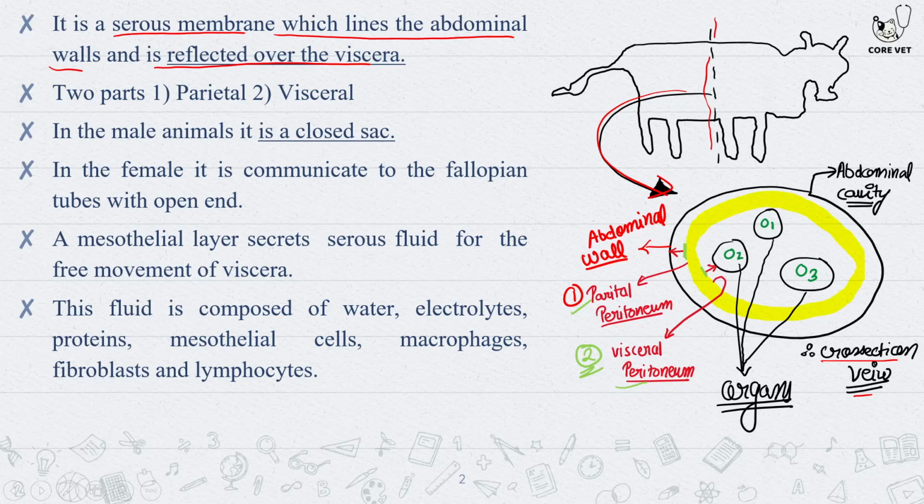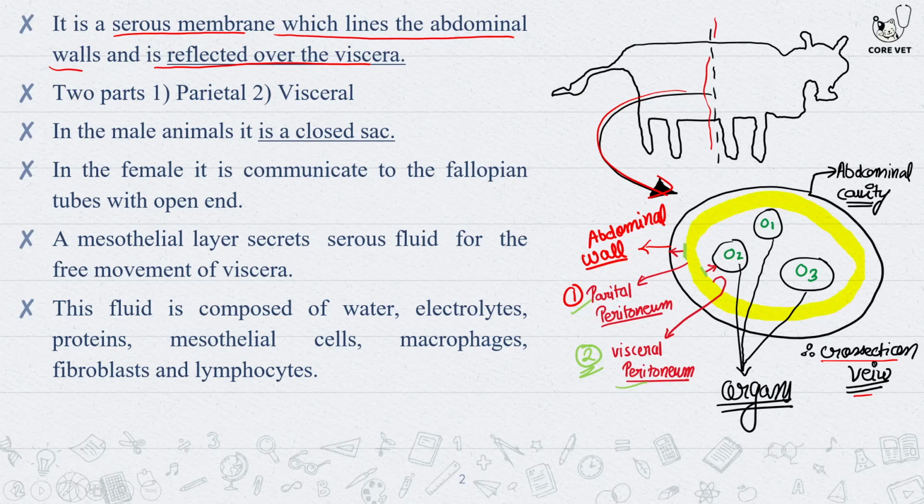What we had seen is, for explanatory purposes, that we dissected an animal and saw a cross-section view of the abdominal cavity. For example, I told you that there are three organs present in that abdominal cavity, O1, O2, and O3.